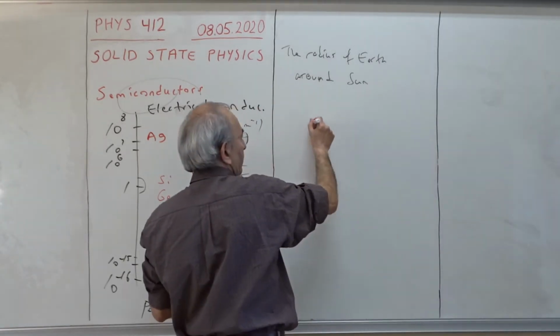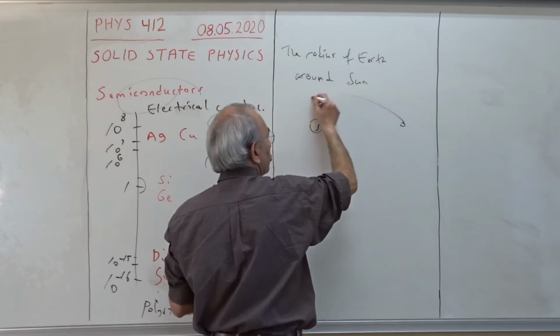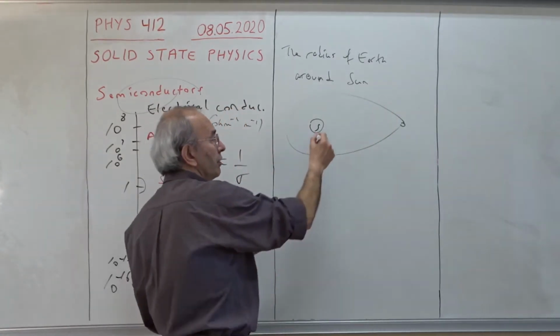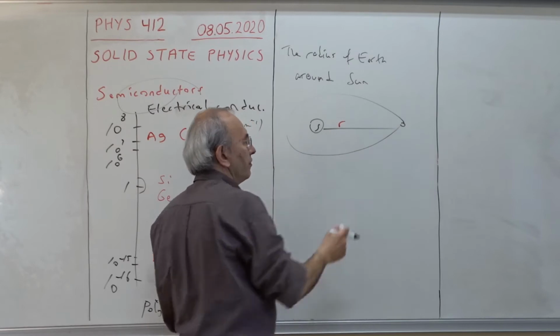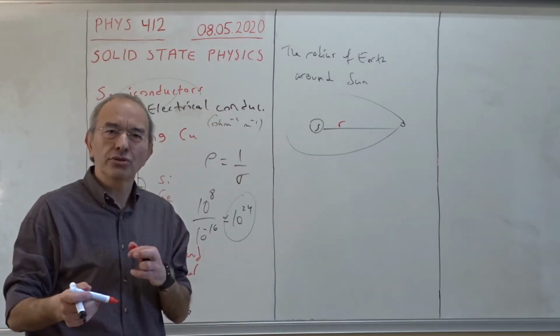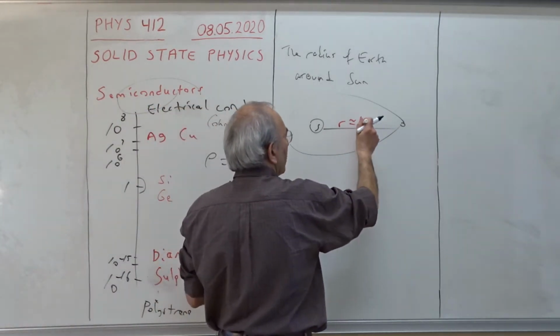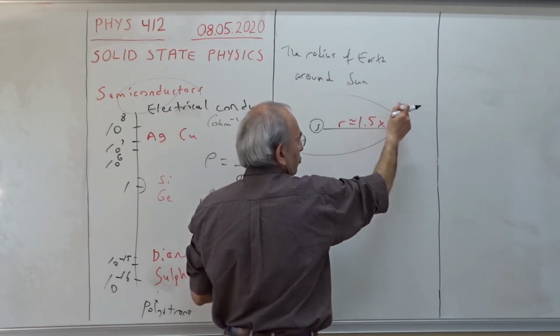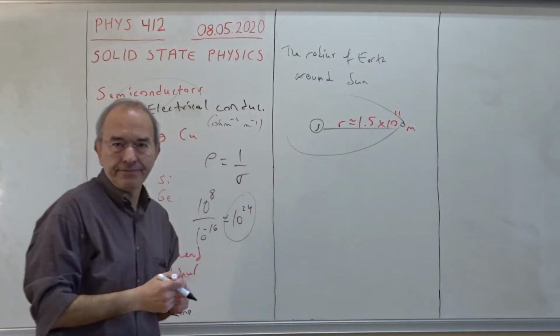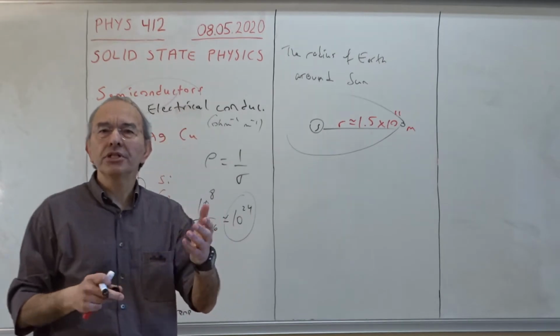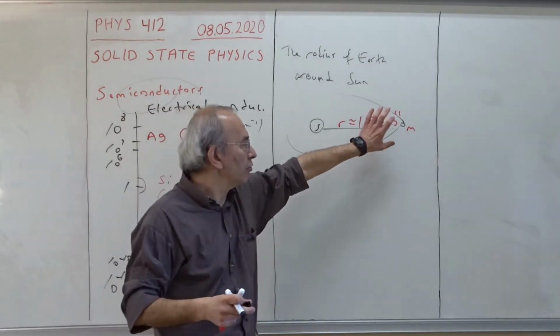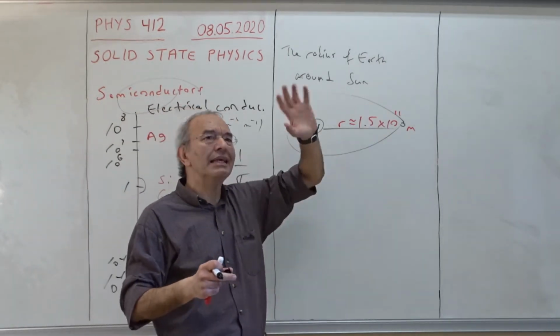So this is the Sun, and that is the Earth, turning around it. This radius, which is almost a constant, is 1.5 times 10 to the 11 meters, or 150 million kilometers. If you convert it to meters, it is this much. Forget about 1.5, it is 10 to the 11.